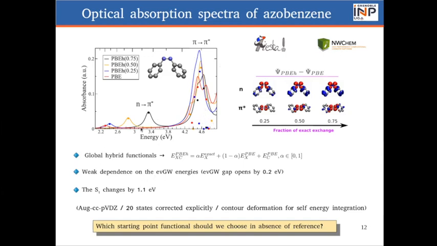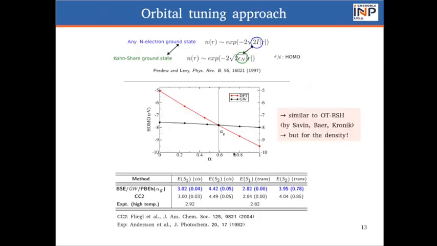And this dependence occurs despite the fact that the GW gap is rather constant throughout the tuning of the starting point energy. So we came up with the problem, since we want to be precise in the description of the energy, of which starting point functional to choose.